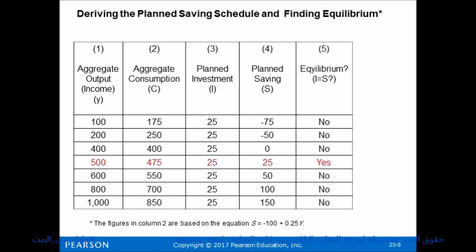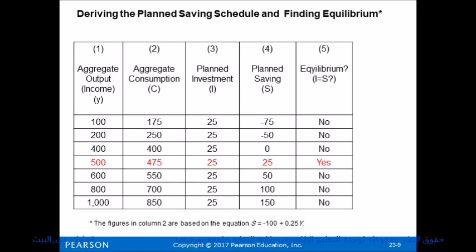Here we can see from the table that the equilibrium level of output or income is 500, as can be seen in column 1, and the corresponding equilibrium level of consumption is 475. The equilibrium level of saving is 25.